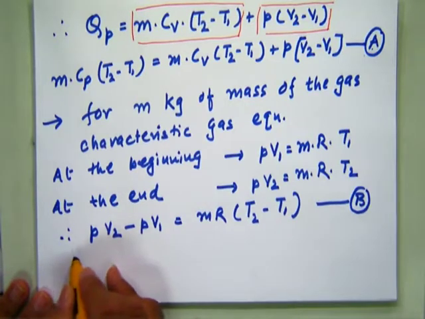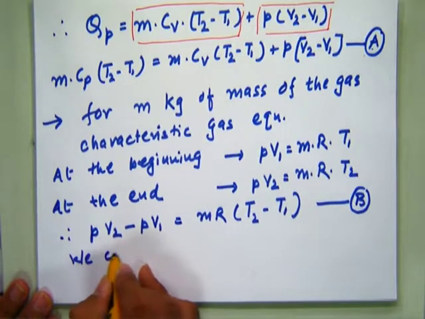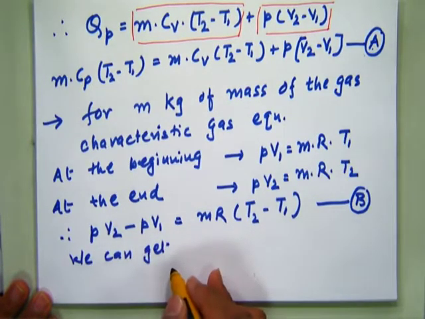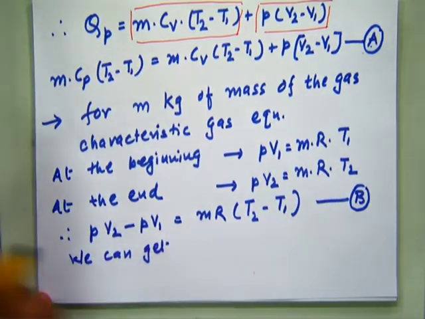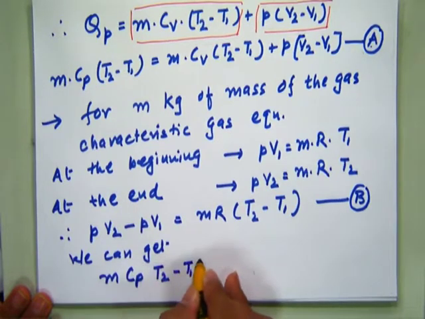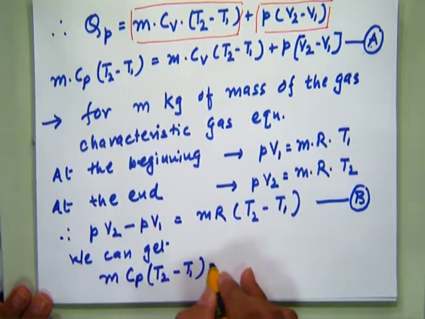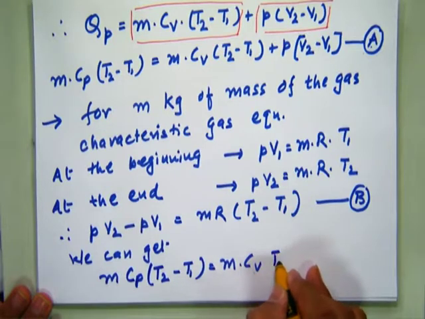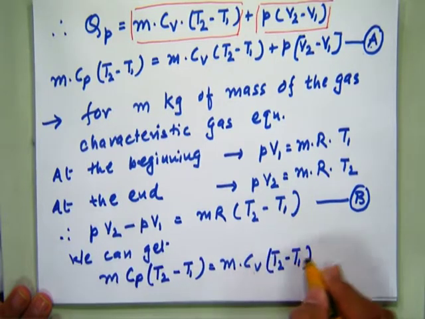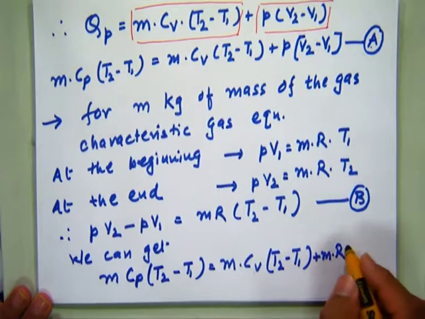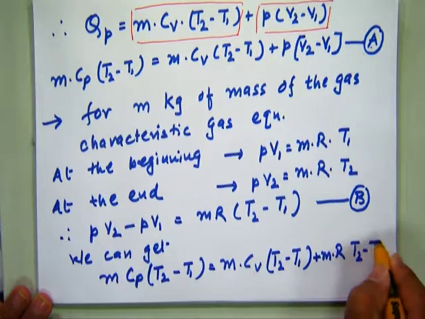we can get M Cp T2 minus T1 is equal to M Cv T2 minus T1 plus M into R T2 minus T1.